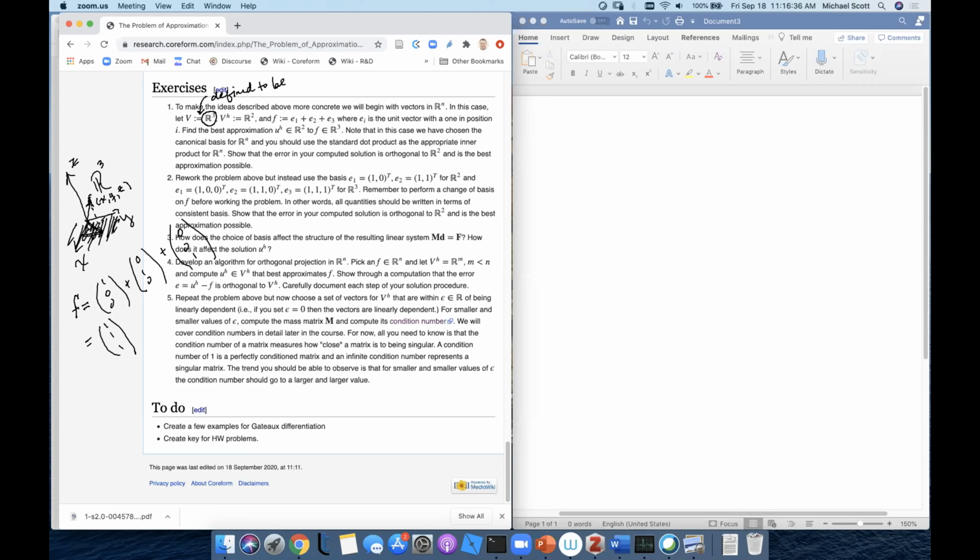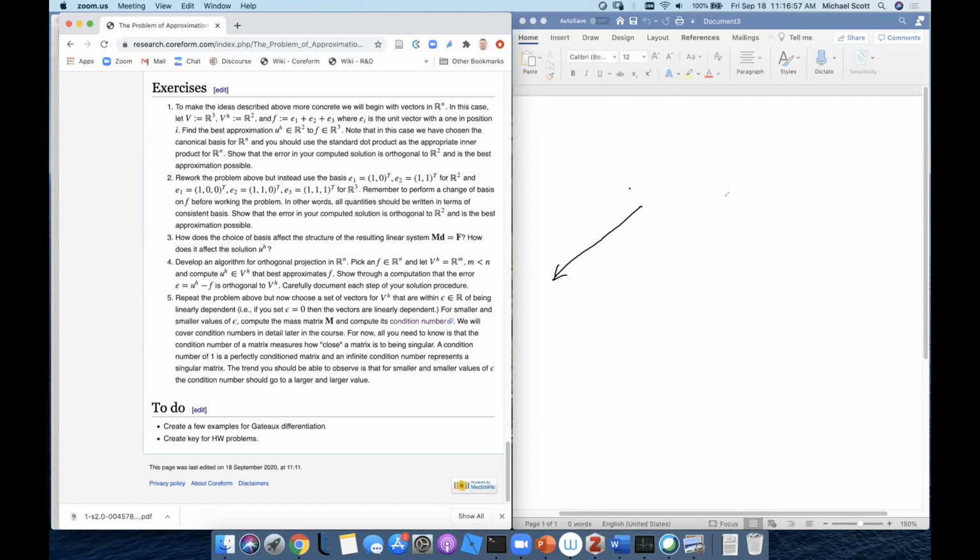onto the plane here. Draw that a little cleaner. All right, so we have X, Y, Z. This vector here is E1.